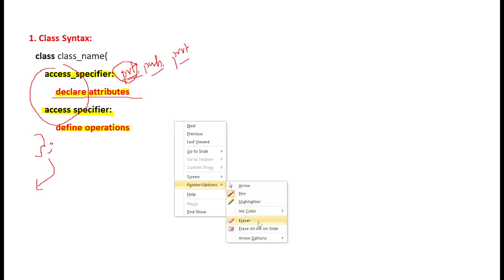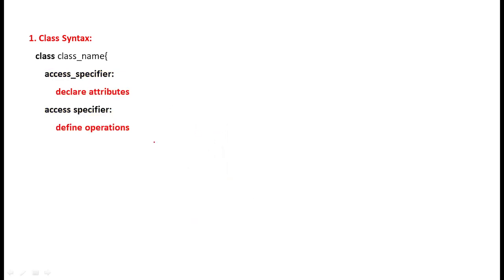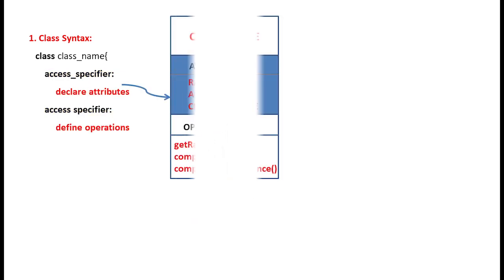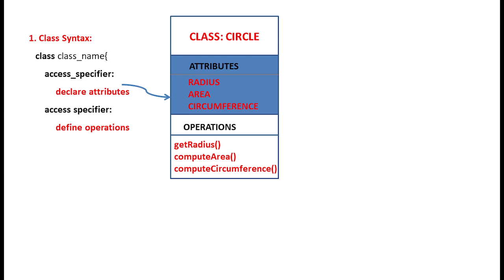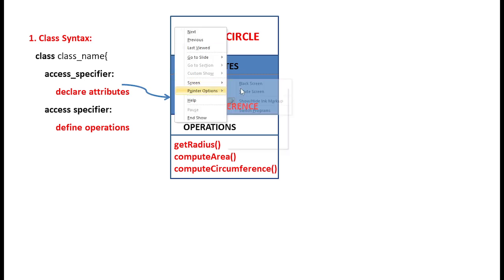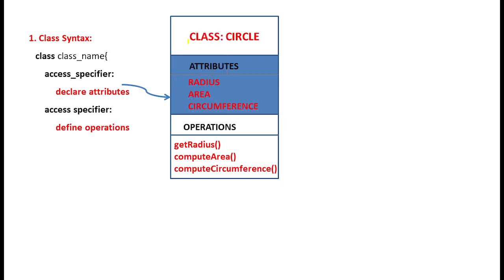So now you can see that, so this you can understand. Here we made it as a compartment notation. So here you can find the class name is here, then the attributes.